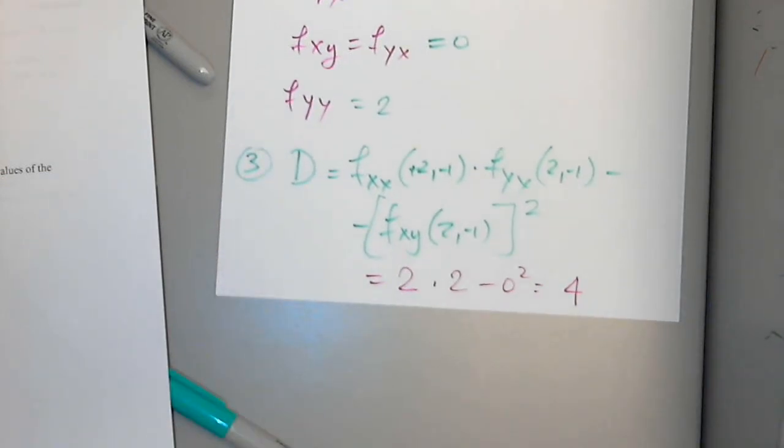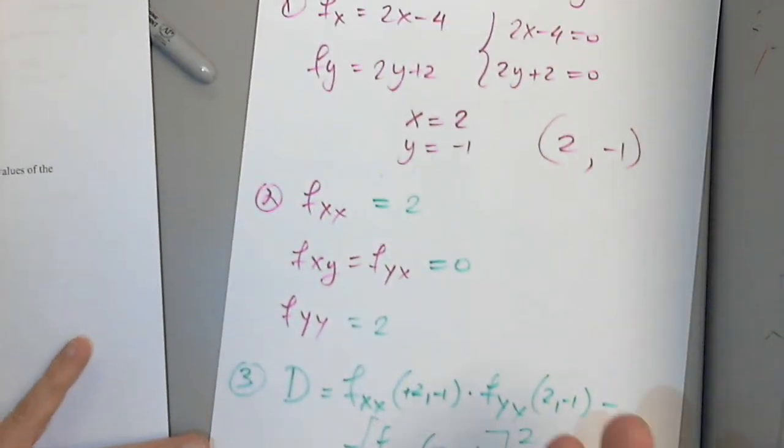So this is what we want to see, because 0 or negative will not give us anything. So we got that D is a positive number, but now we have to look at fxx. If fxx is positive at 2, -1, that point, 2, -1 is a minimum. If fxx at 2, -1 is negative, then that point, 2, -1 is a maximum.